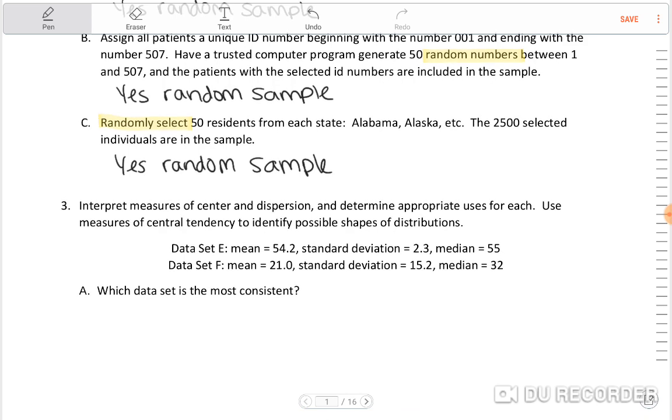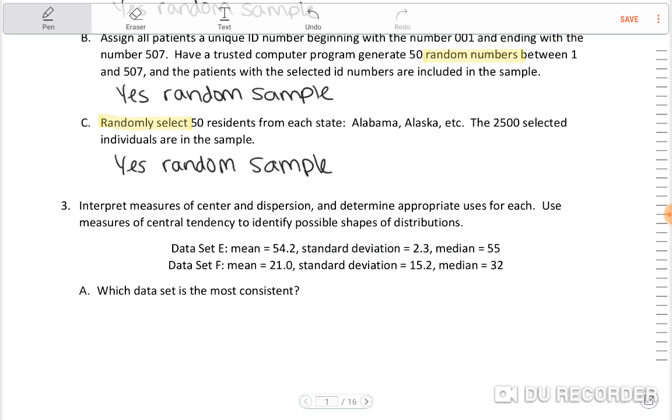Okay. Number 3. Interpret measures of center and dispersion and determine appropriate uses for each. And by the way, these are just your topics, I should say, objectives. Use measures of central tendency to identify possible shapes of distributions. All right, so we have data set E with a mean of 54.2, a standard deviation of 2.3, and a median of 55.